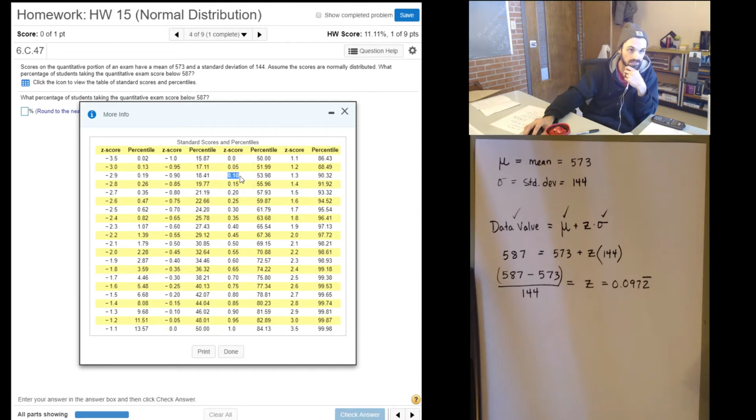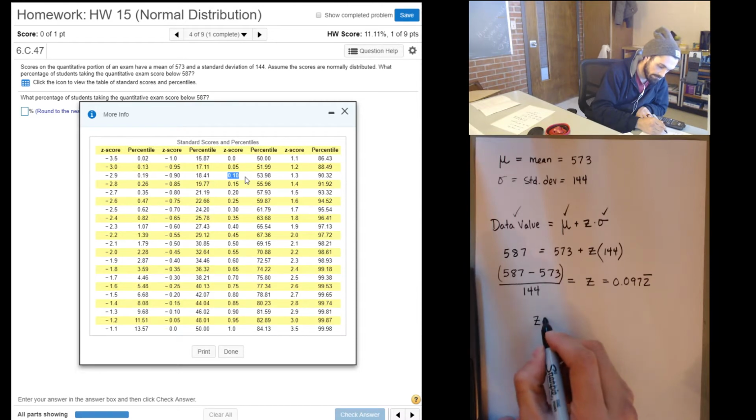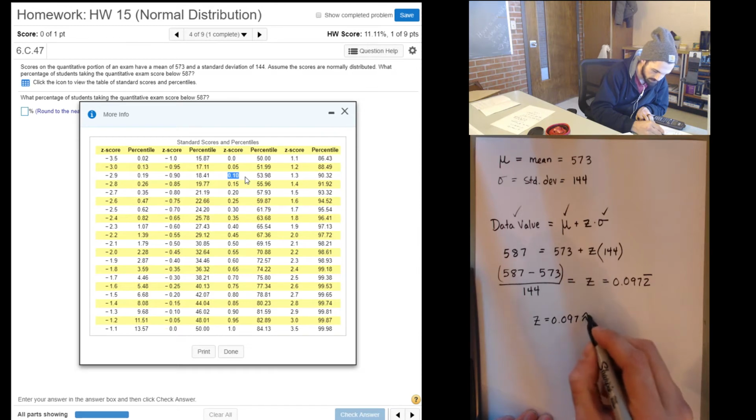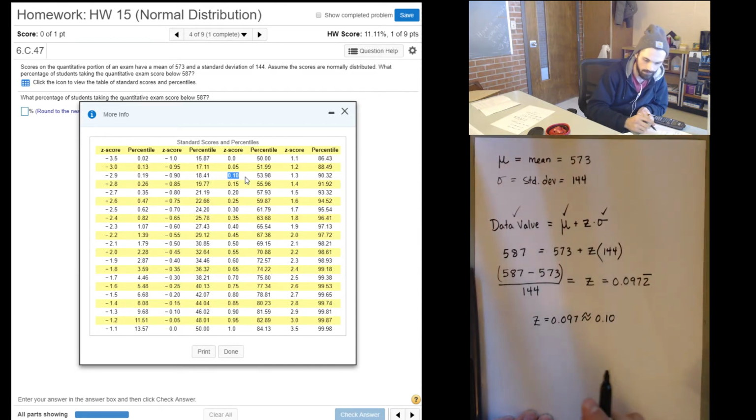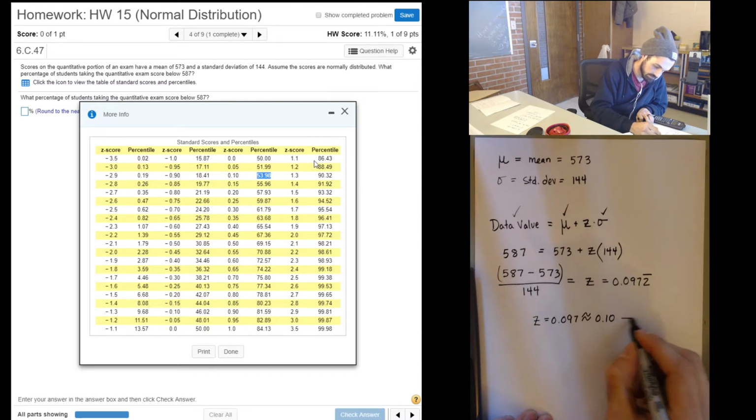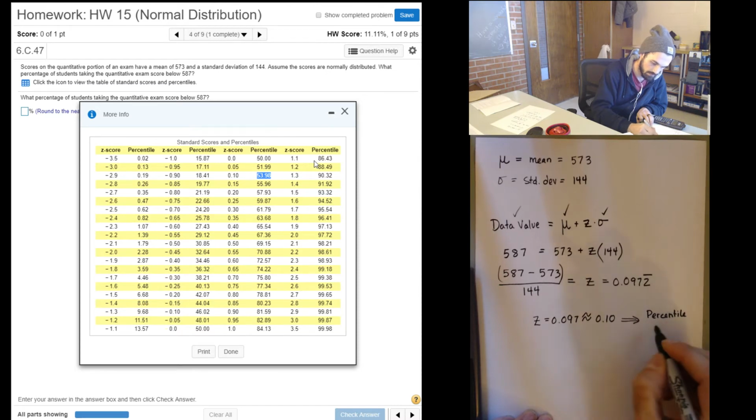And in fact, we're closer to 0.1 than we are to 0.05. So a z of 0.097 is approximately 0.10. So we need to utilize the z-score that's closest to the one we computed, which is 0.1, which gives us a percentile of 53.98.